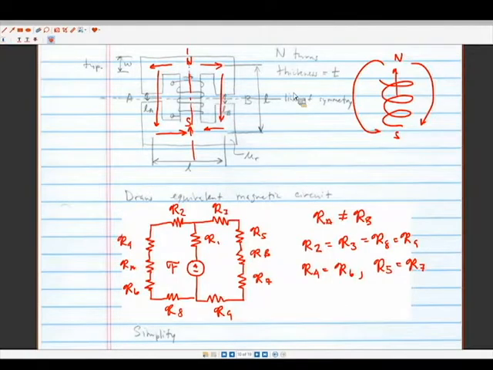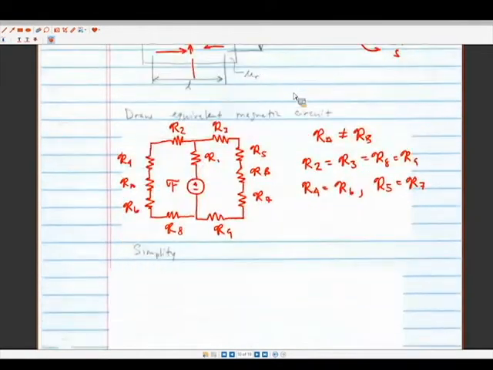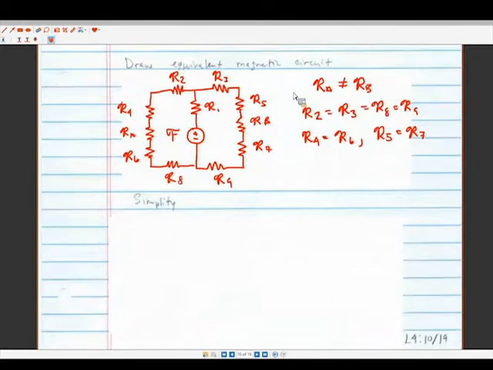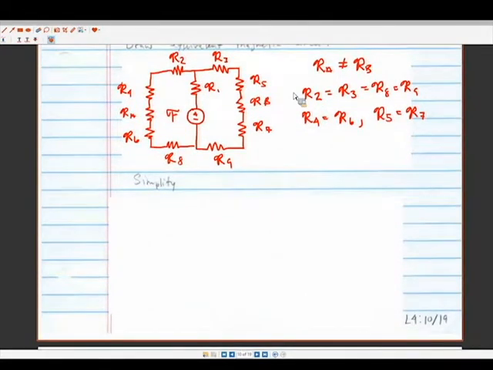Okay, so just like the other ones, we can simplify this. We see that this entire left-hand side is in series. This entire right-hand side is in series, so we can combine these down.